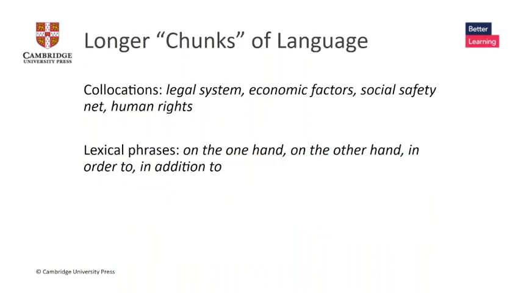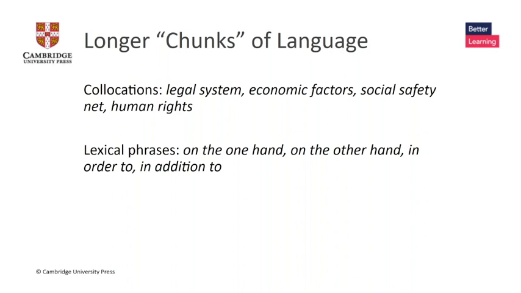But as I said before, we don't just teach individual terms from the academic word list, we try to teach longer chunks of language like the ones you see here: legal system, economic factors, social safety net, human rights. You can see that some of the academic word list terms show up in these collocations, like system and factors.